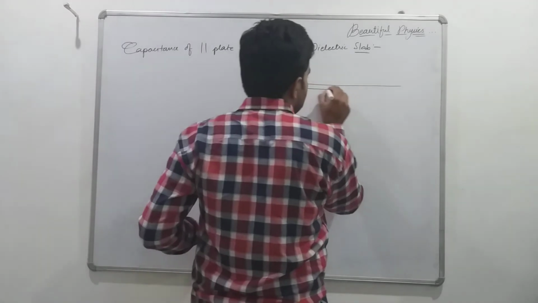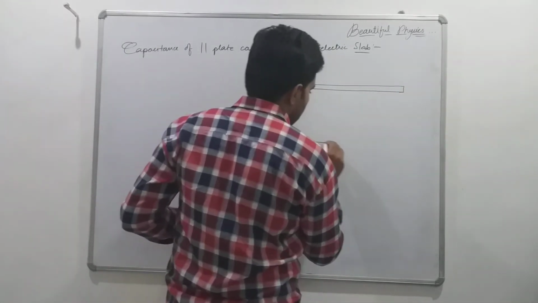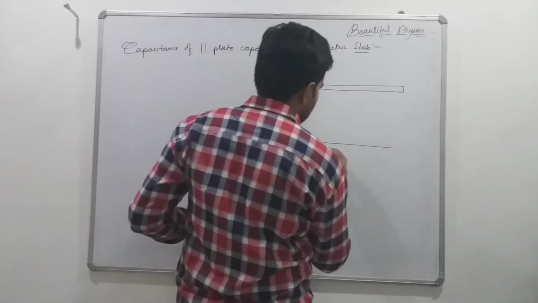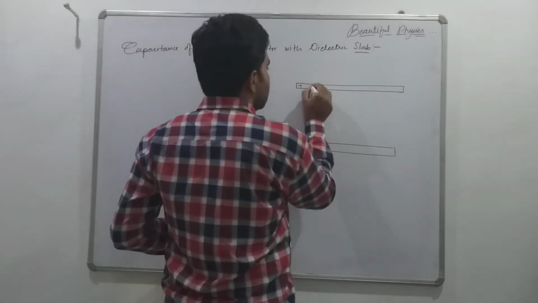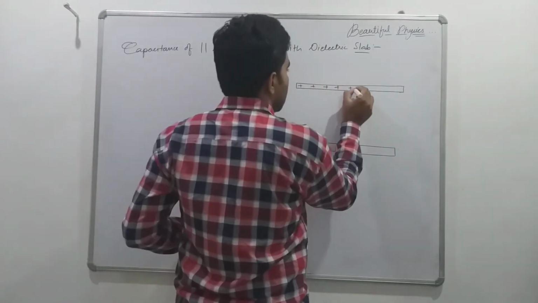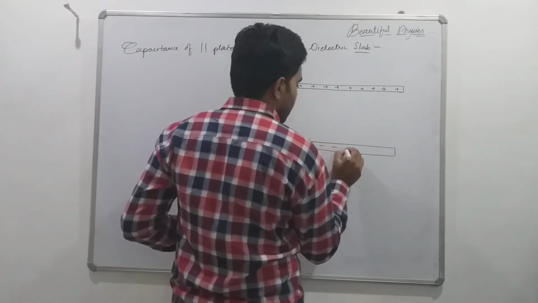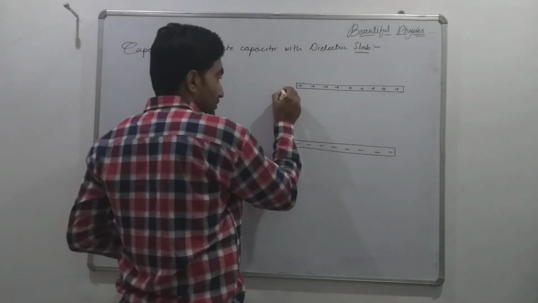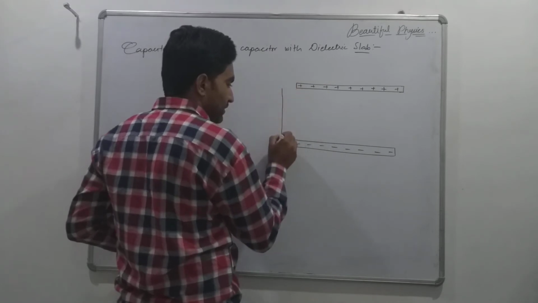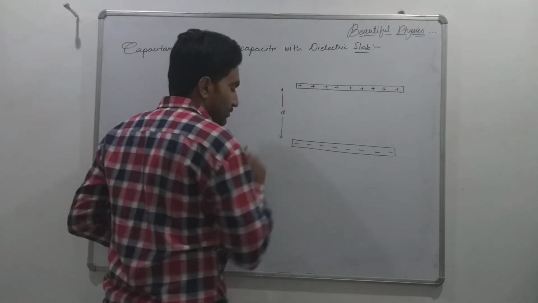Suppose these are the plates of the parallel plate capacitor. This is the positively charged plate and this one is the negatively charged plate, and the separation between the plates is capital D, small d, sorry.